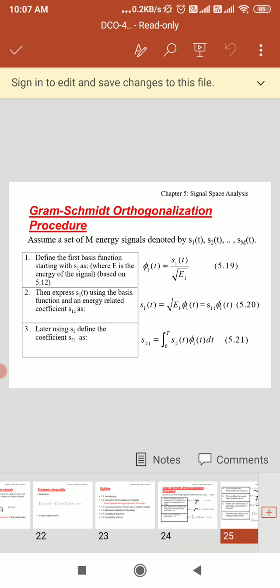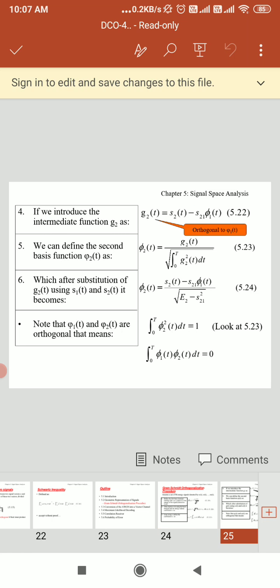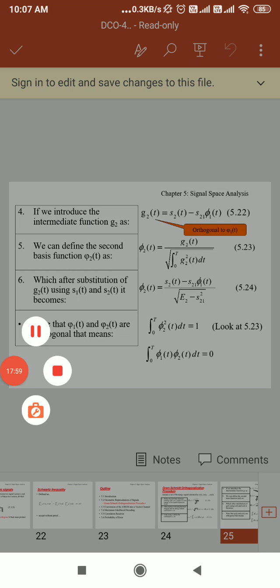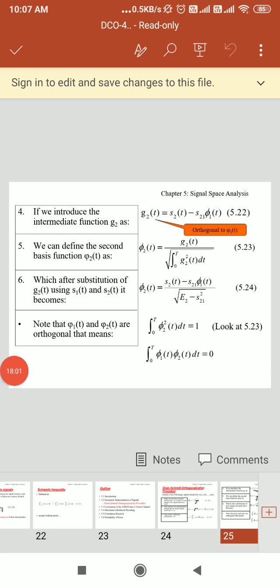After that we introduce an intermediate function, which we denote by G2(t). So you will get G2(t) equal to S2(t) minus S21 phi 1(t).